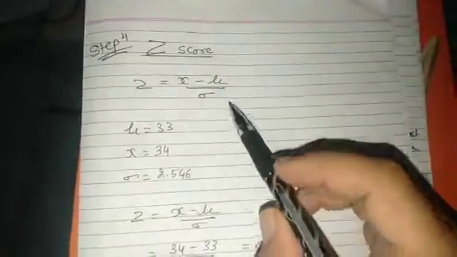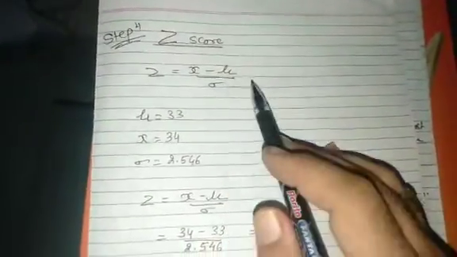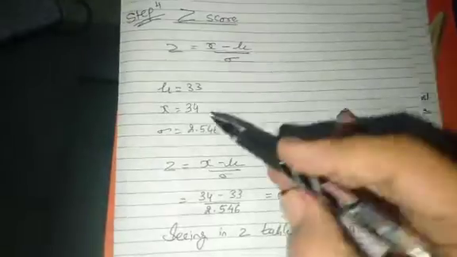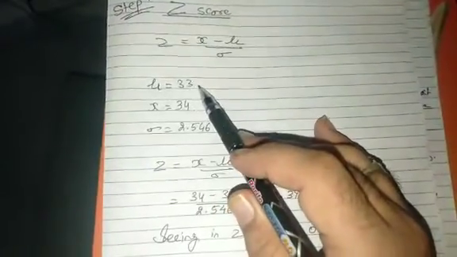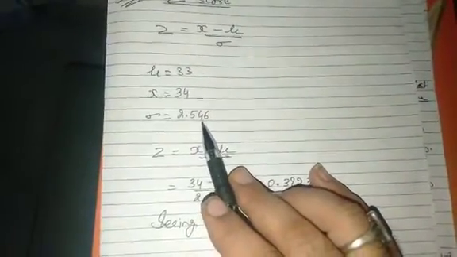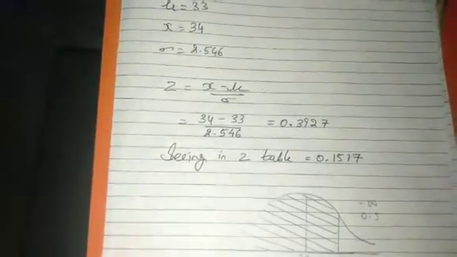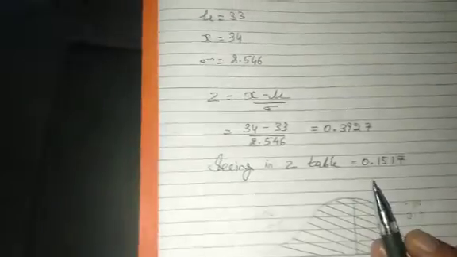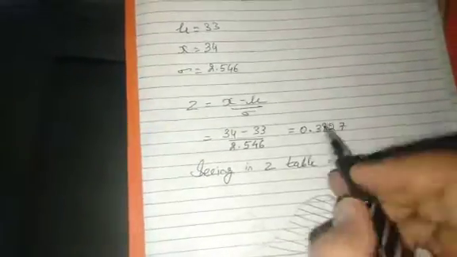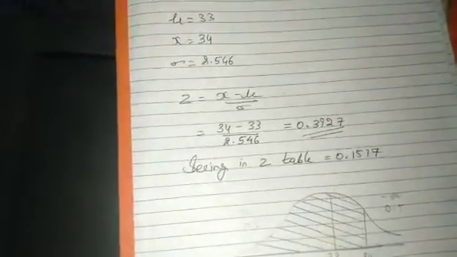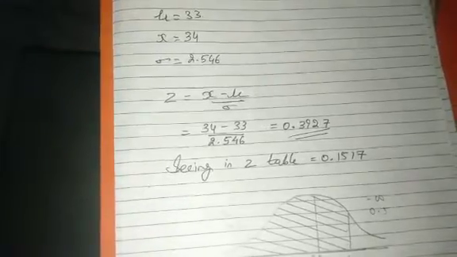After that, we have to do the Z score, that is Z test, that is x minus mu upon standard deviation. Again our mu is 33, our x is 34 and standard deviation is 2.546. So we apply the formula, x minus mu upon standard deviation, and I have derived this value, that is 0.3927.